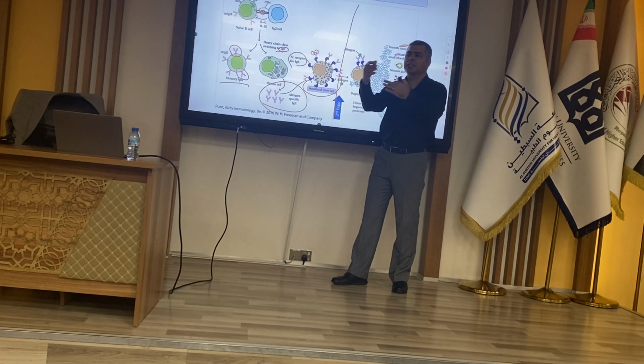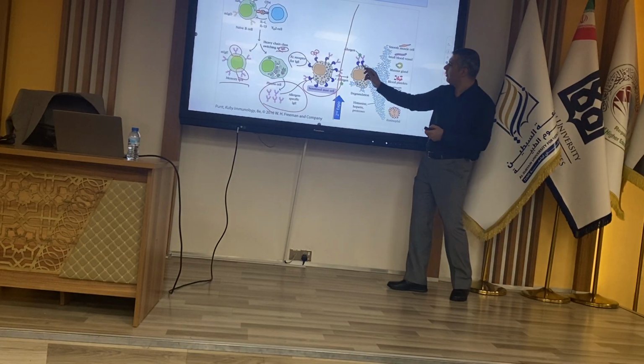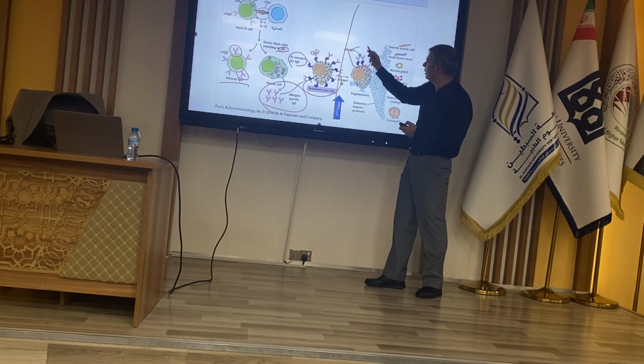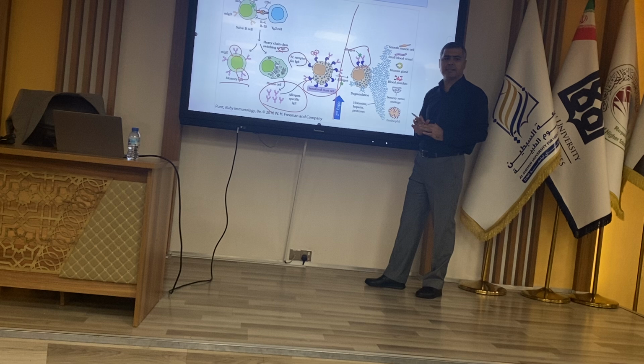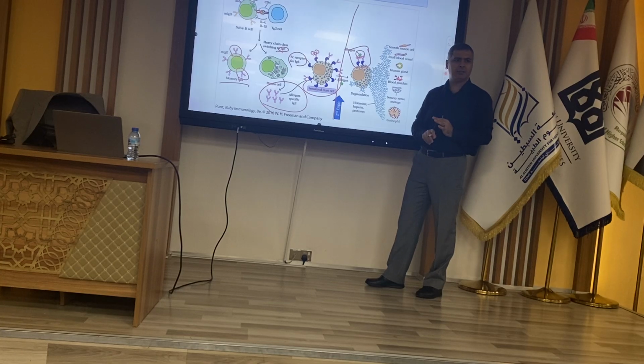If we have another exposure to the allergen, in the second exposure, the allergens can bind to the IgEs attached to the Fc receptors of the mast cells. And by bridging of two IgEs together by allergen, we will have activation of the mast cell.